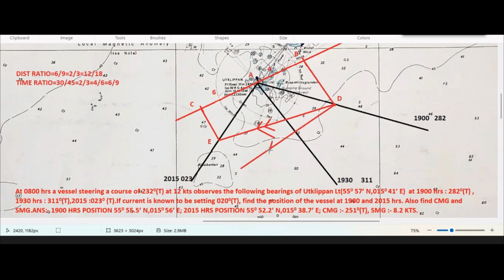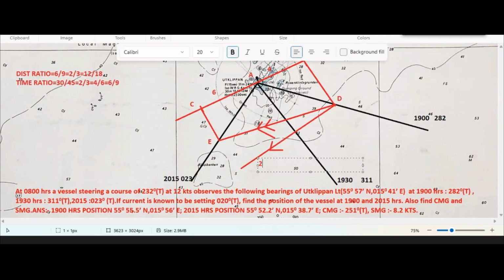Engine speed is 12 knots, and from 1900 to 2015 is 1 hour 15 minutes, so cut 15 miles. Now we will draw the course 232 for 15 miles. Sir, why from D? Because the starting bearing is there. This is the course made good line we got.